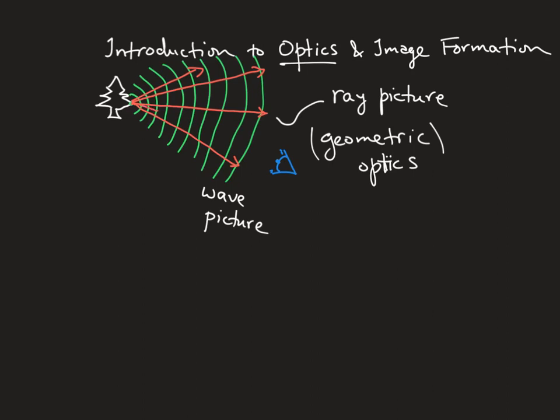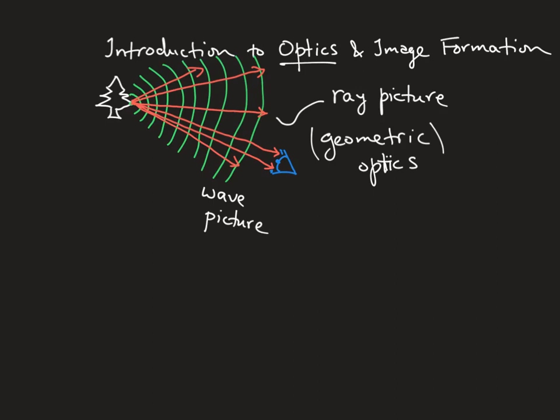Let me draw a few more rays in here. So there's one making it to your eye, a very crooked looking one, they're supposed to be straight, making it to your eye and so on. And from your eye's point of view, if you trace those rays back, it looks like they came from that single point.